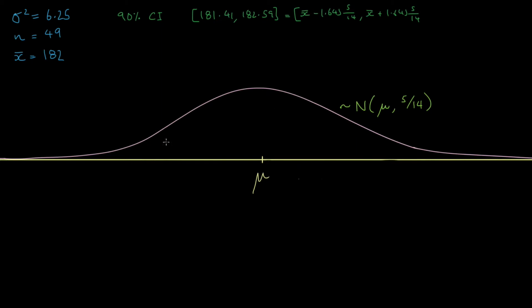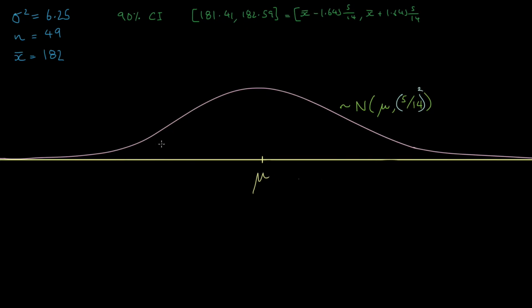And we know that's going to be 1.645 standard deviations to the left and 1.645 standard deviations to the right. And so we've gone from looking at this in a standard normal to looking at this in a non-standard normal with mean mu and variance of (5 on 14) squared.